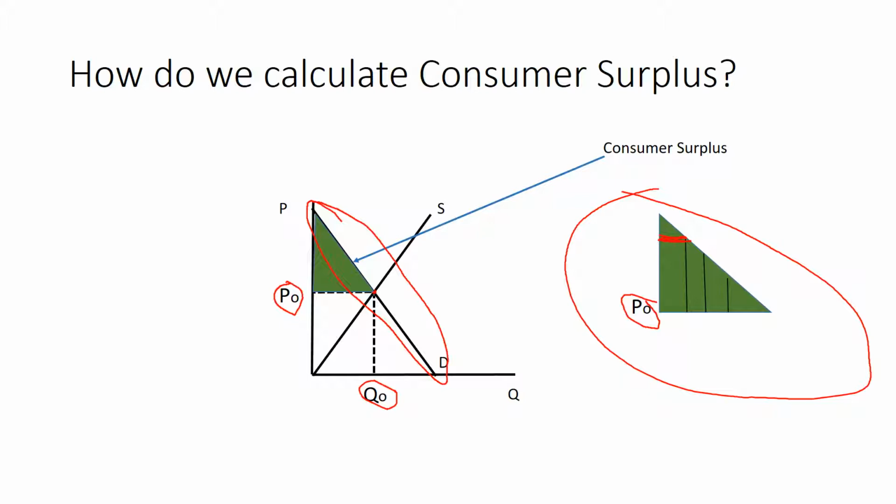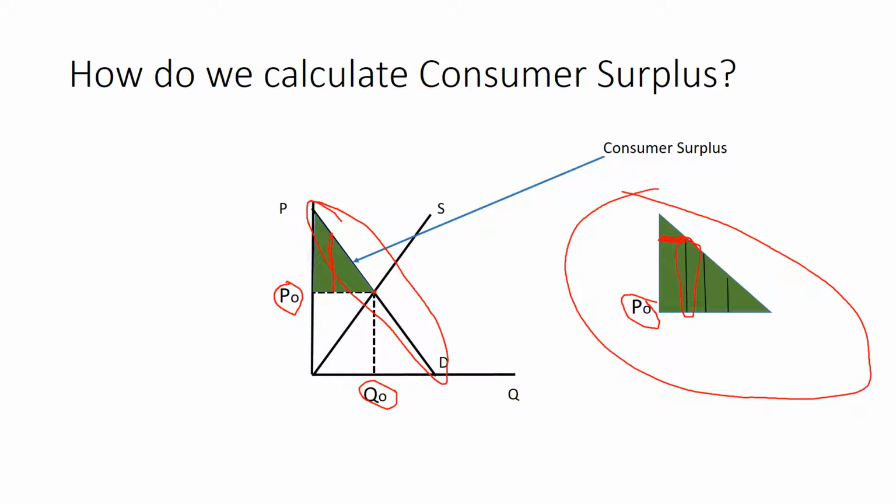That, in this graph, is represented by this vertical black line that starts at the demand curve, or the willingness to pay curve, and goes all the way down to the price level, or the equilibrium price.